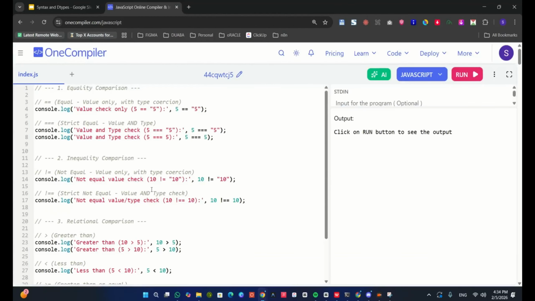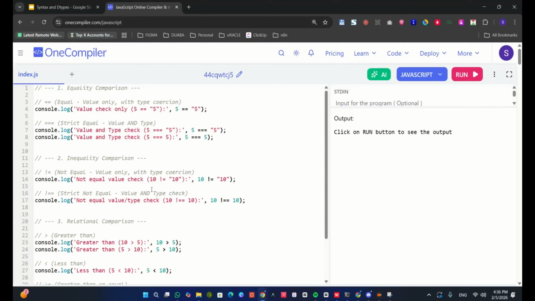For this example, we have all the comparison operators. On line 4, we are using the equal operator. The equal operator is used to compare values with type coercion. Type coercion means that if we are comparing values from two different data types, for example, a number and a string, they are going to be converted into one standard data type and then we evaluate them.